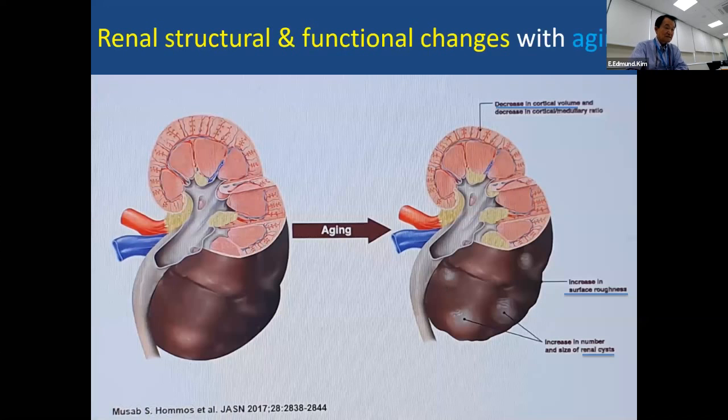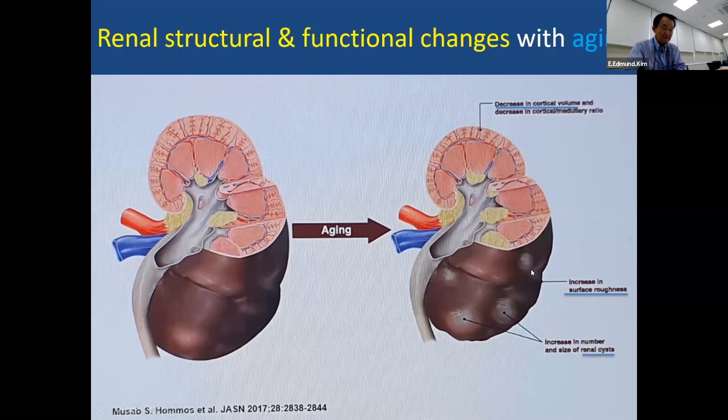As you see here, like every other organ system, with aging the parenchymal tissue of the kidneys shrinks, with less cortical volume, and the cortical-medullary ratio also decreases.